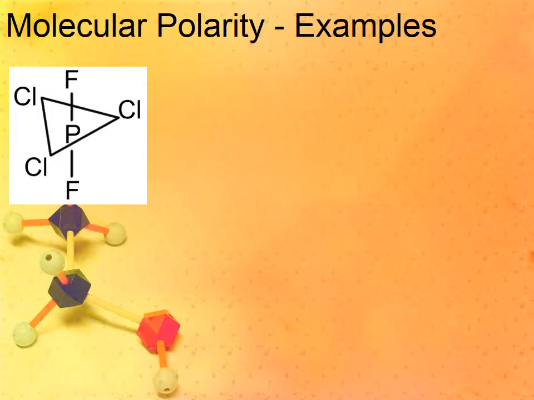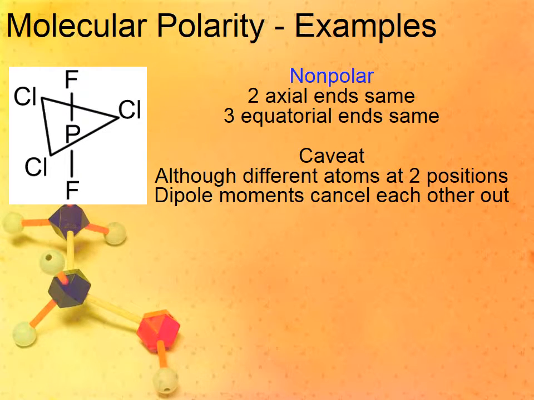So let's now look at another expanded octet molecule. What about this one? Is this molecule polar or nonpolar? What do you think? Well, according to the shortcut that I gave you for determining polarity of a molecule, you would have to say, well, the ends are not the same, so it's polar. The truth is, however, that it is nonpolar, because the dipole moments in the equatorial plane cancel each other out, and the axial moments in the vertical plane also cancel each other out.